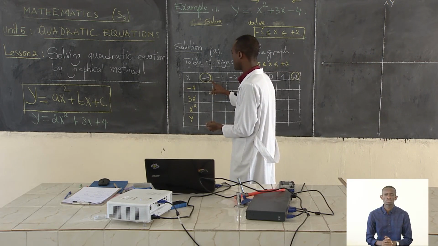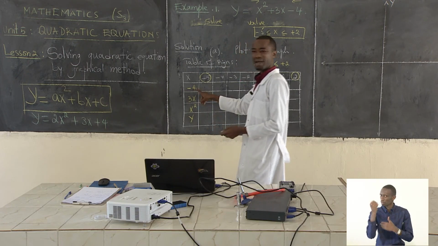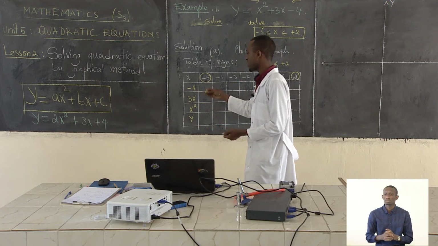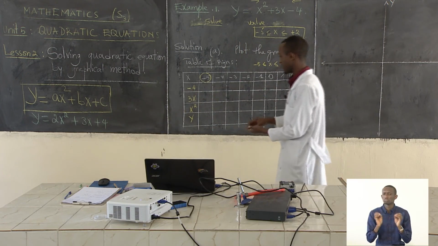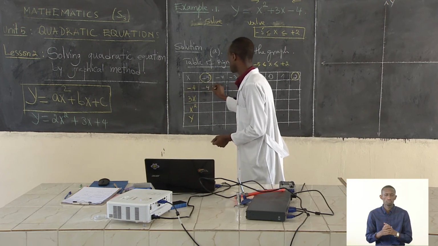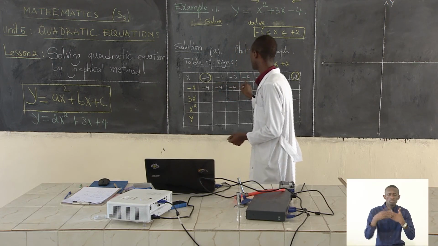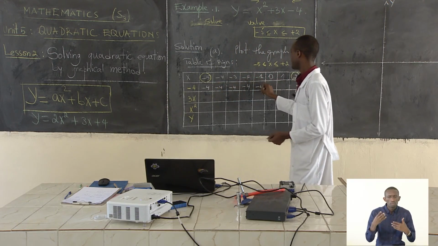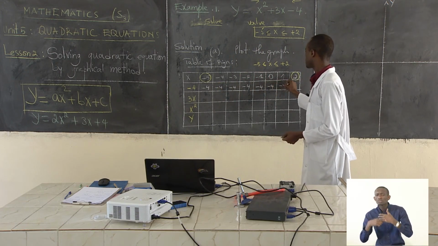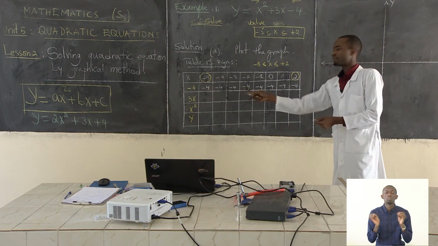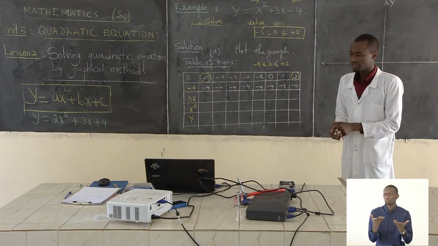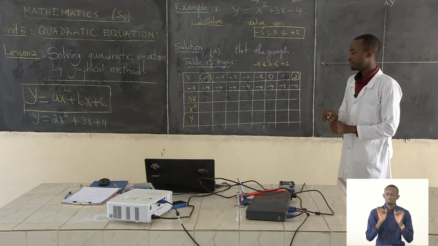We have -5 here. And of course, we don't have any value of x. That's why we copy this -4 for all the squares that we have here. We have -4 here, -4 here, -4, -4, -4, -4. You just copy it because there is no variable x. It's a constant. It remains the same.